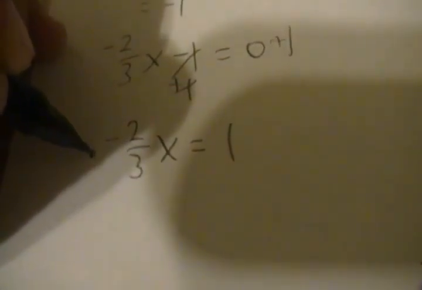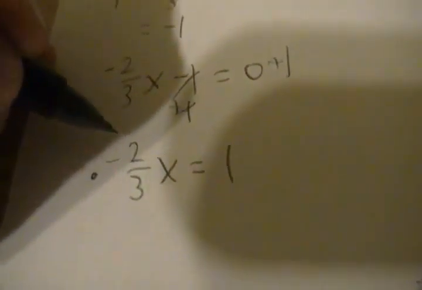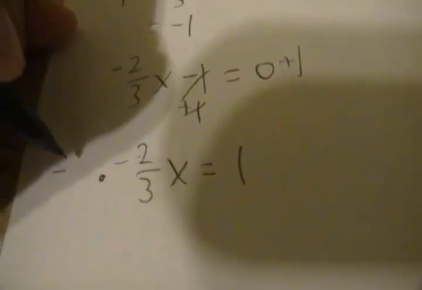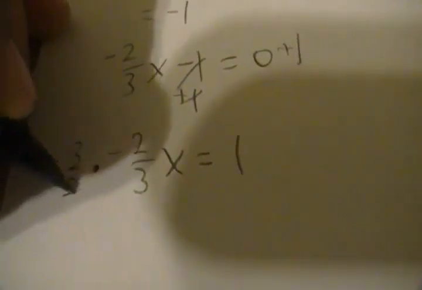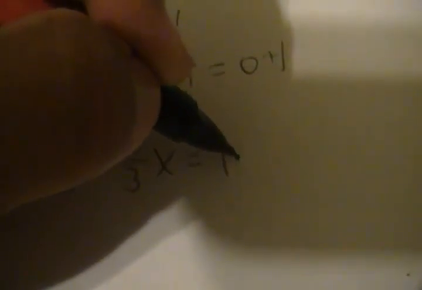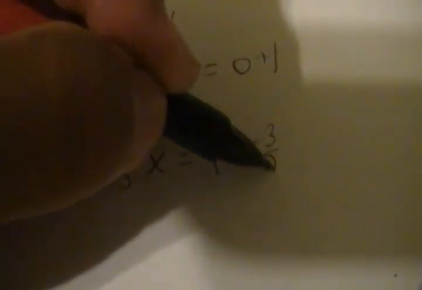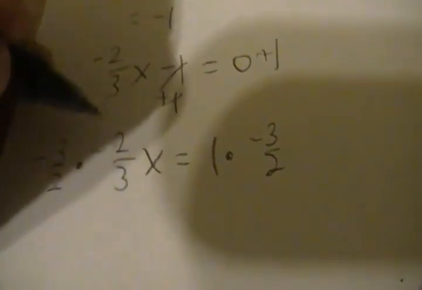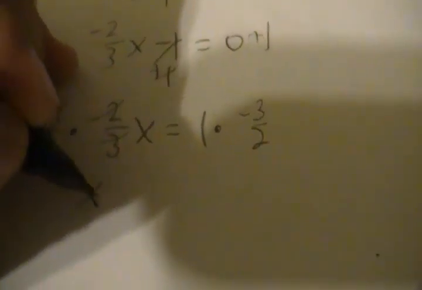And again, the way we find x is we need to multiply this by its reciprocal. So it's going to be -3/2. So we multiply both sides by -3/2. Don't forget that negative sign. So these cancel out. And then we have x is equal to 1 times -3/2, which is just -3/2.